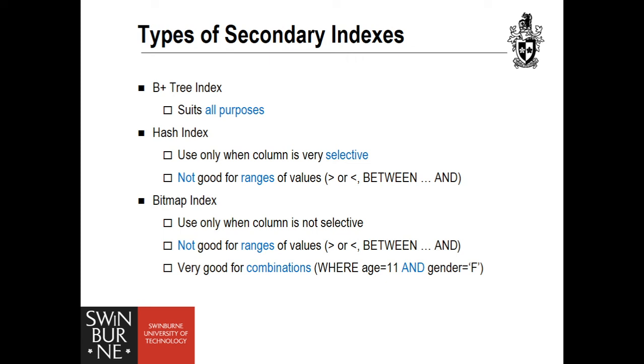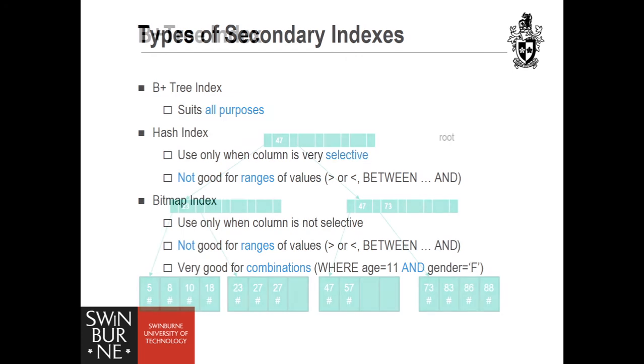A bitmap index is only useful if the indexed column does not have many discrete values. A bitmap has to be created for each value. So this is helpful for finding combinations of values quickly.